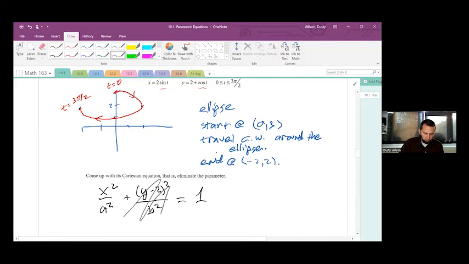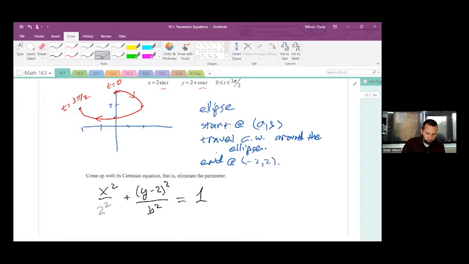Then we want x squared over a squared to equal 1, and we want that to be true when x equals plus or minus 2. And so it should be clear that our a squared would have to be 2 squared or 4.